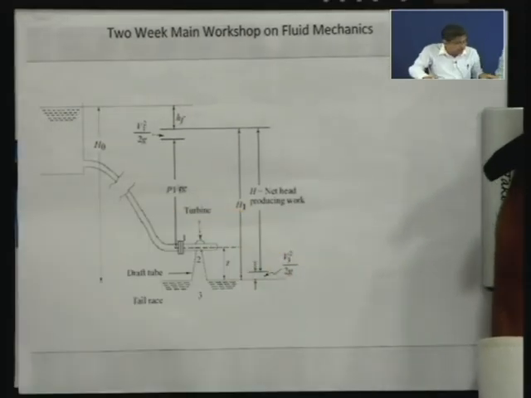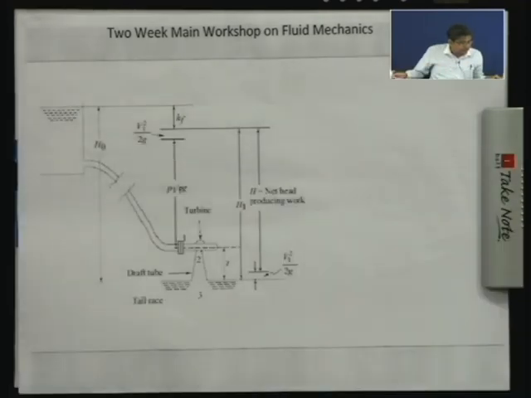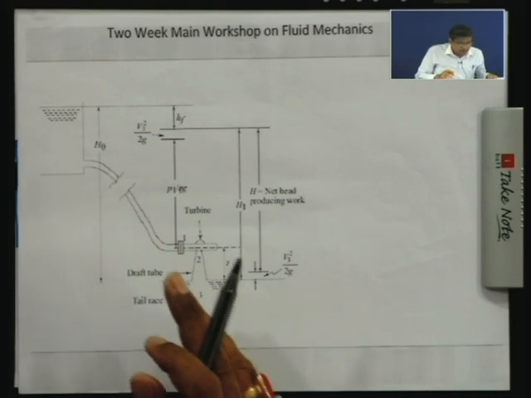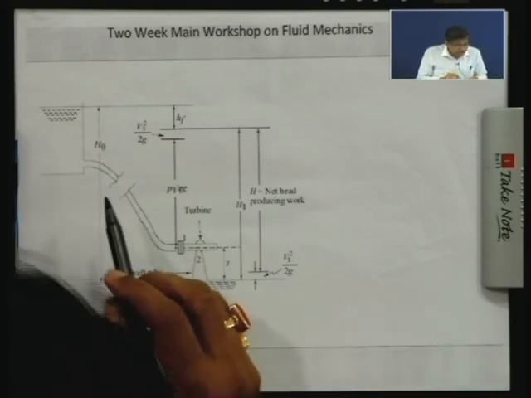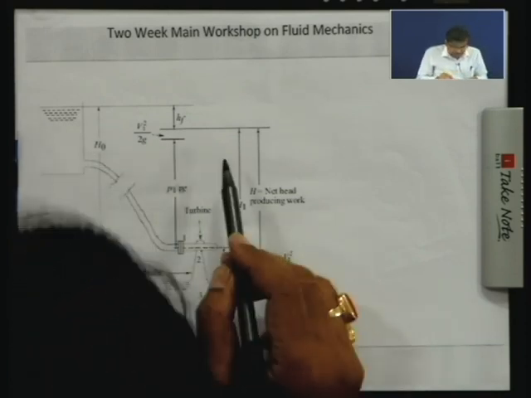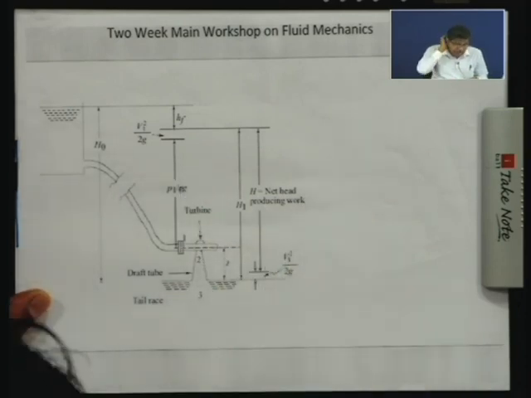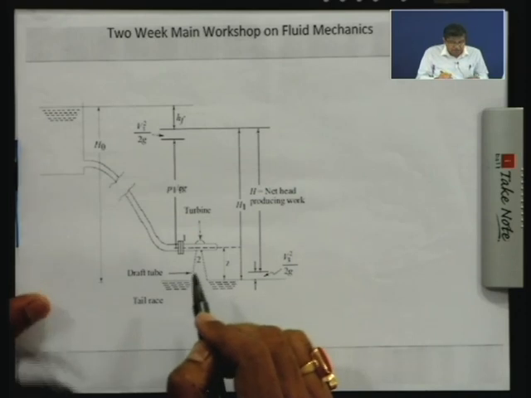Let us have a concept about the net head across a reaction turbine, the head available at the inlet to the turbine. These are very important things we have to know.